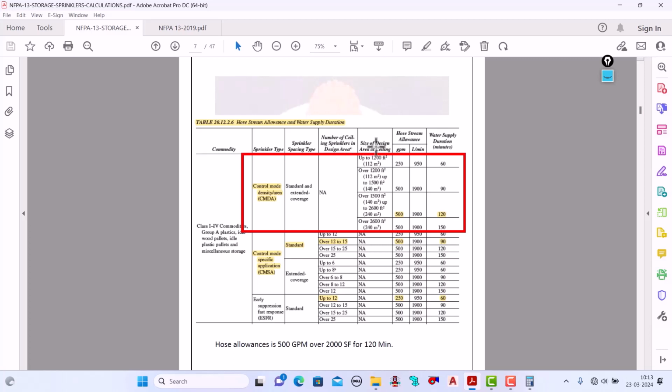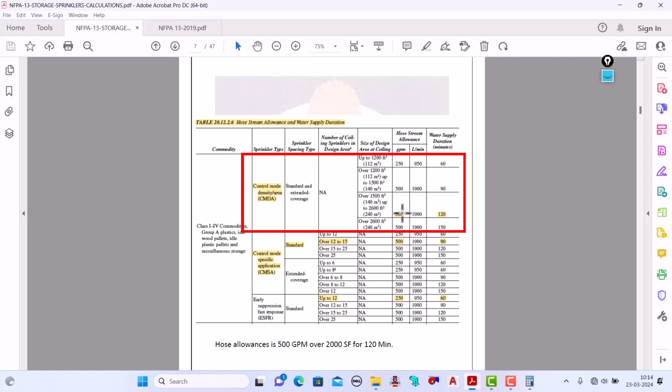And the other one is the size of design area at ceiling. Our area of operation is 2000 square feet. So here, see the third one, 1500 up to 2600 feet. Our area of operation will fall in this category, right? So we select this one.